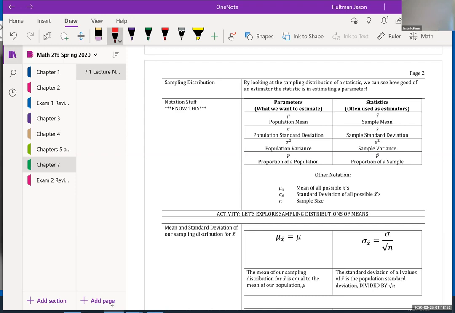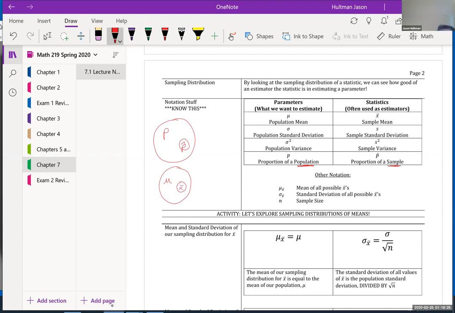The population proportion is P, and the proportion of a sample, this again is just a sample, is P hat. Whereas for the population, the mean is mu and the sample is X bar.